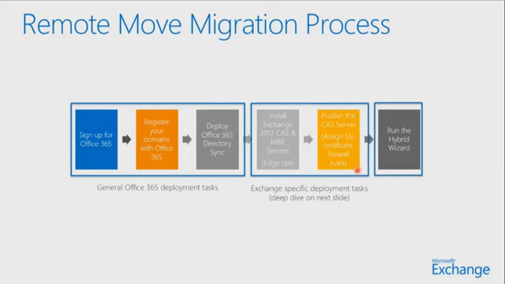Publish the CAS server, assign SSL certificates, change your firewall rules, and then run the hybrid wizard. Once the hybrid wizard is run and the hybrid is set up, you can right-click on a user, choose remote move request, and move that user from on-premise to online in a matter of clicks.